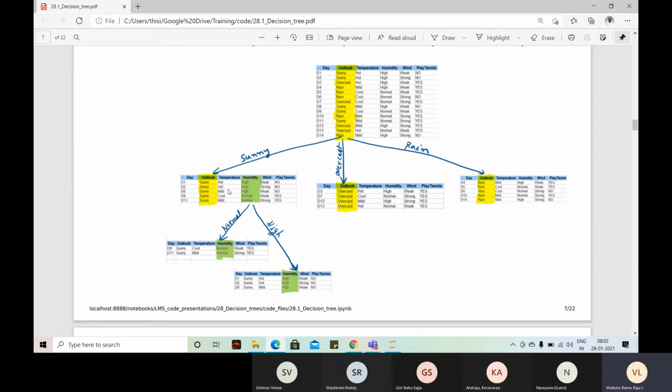Temperature has hot, mild, and cold, but hot and mild both fall into no, and cold and mild are two records, so it is unable to split cleanly. But high humidity all belongs to no, and normal humidity all belongs to yes. So I made the split on humidity because it can clearly distinguish and create pure nodes.